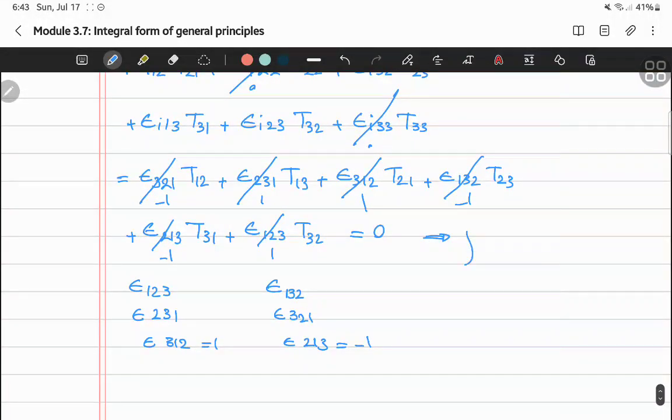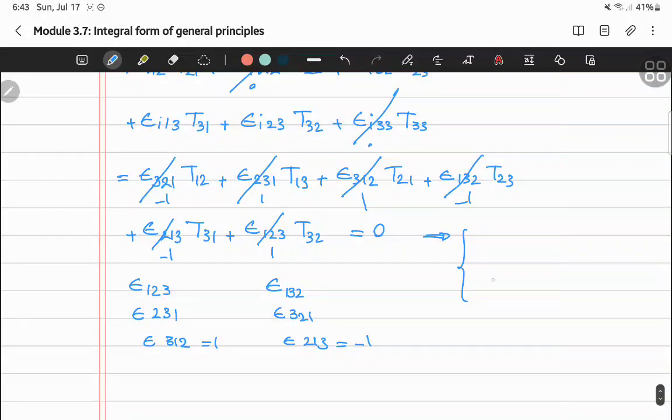Therefore, from here, if we sum similar terms, we have minus t21 plus t12 equal to 0, then we have t13 minus t31 is 0, and then we have t23 minus t32, which is equal to 0.